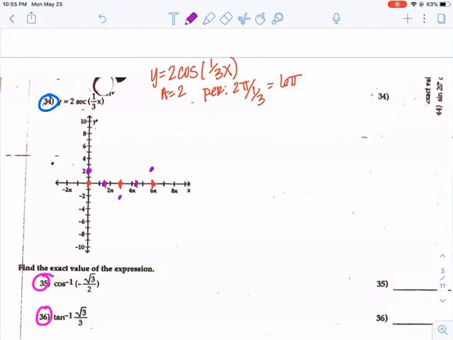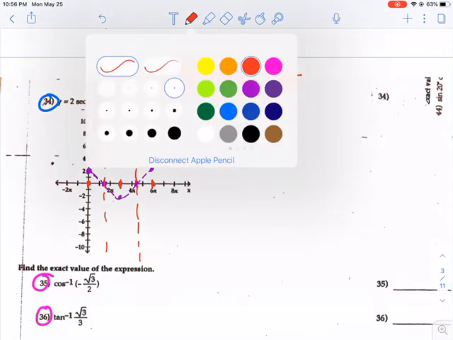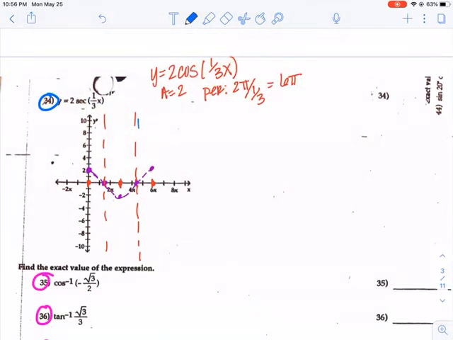Okay, so this is my cosine graph. Okay, but that's not the graph I want. I want the graph of the secant graph. But to get the secant graph, we need the cosine graph. So then you would go ahead and draw in your asymptotes. Okay, and then your secant curves are going to go at every maximum and minimum. So I have one here, and then one here. And that's enough for that picture. Okay, so you just need to know what the basic graphs look like, and then you go from there.